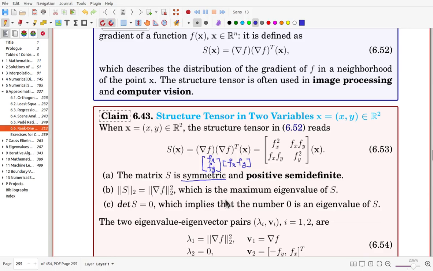For symmetric matrices, the 2-norm is the same as the maximum eigenvalue. So it's true. But the determinant of S is 0 because it's a rank 1 matrix. That means this is a non-zero eigenvalue, and the other eigenvalue must be 0.